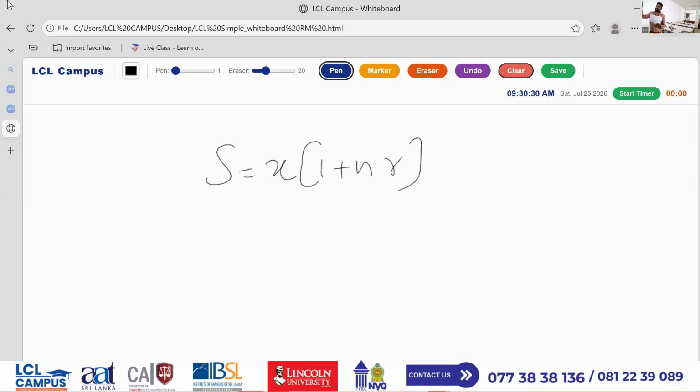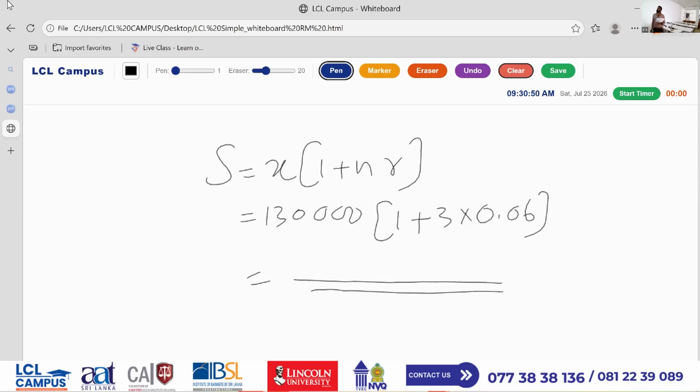X means the principal amount borrowed, 130,000. 1 plus 3 into 0.06. Use the calculator, tell what is the answer. Very easy.